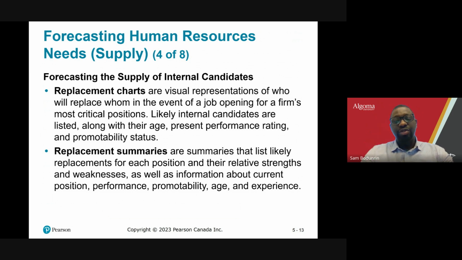All of those positions are put under the replacement chart so that HR can know which positions are vacant, which positions have ongoing interviews, and which ones have been filled. The replacement summary is just a general summary of the replacement chart: number of vacant positions, number of ongoing interviews, number of positions filled, number of offers rejected, and all that.